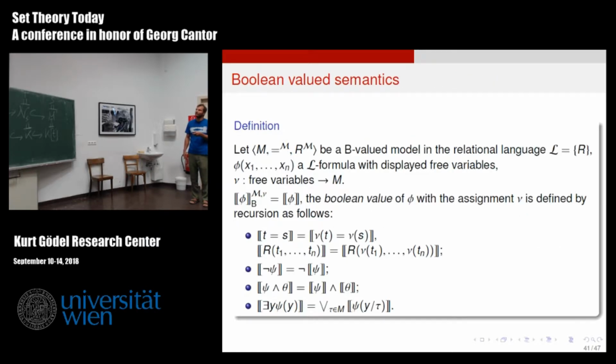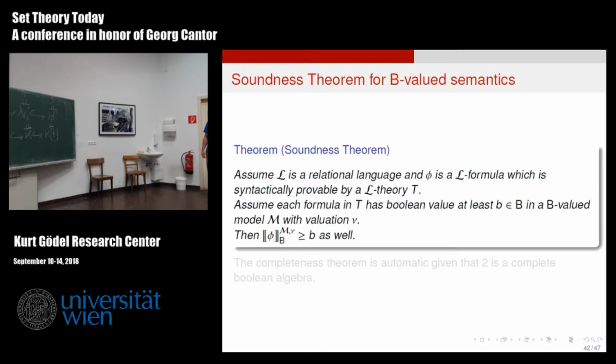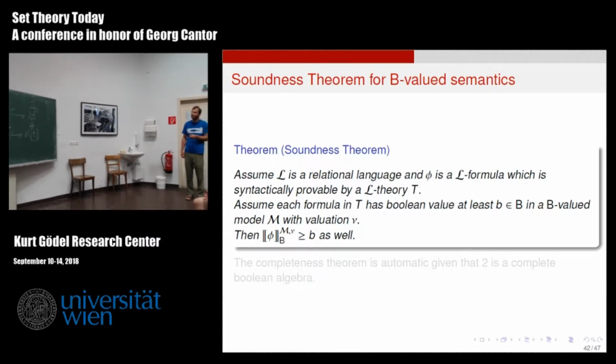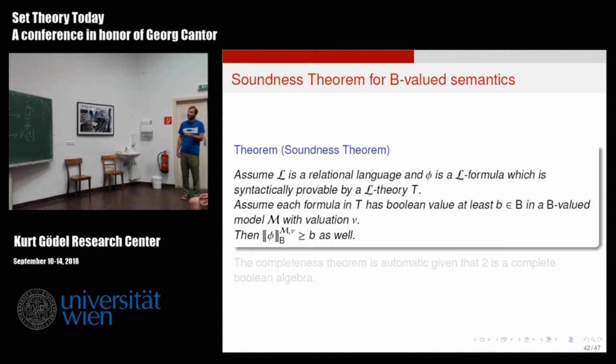And now you define the semantics in the standard way. You use the Boolean operations to interpret the propositional connectives, and it's convenient that your Boolean algebra is complete to interpret the quantifiers. And you have the soundness theorem: if the formula is derivable from a theory, then the model will give it Boolean value 1 whenever it gives value 1 to every element of the theory.